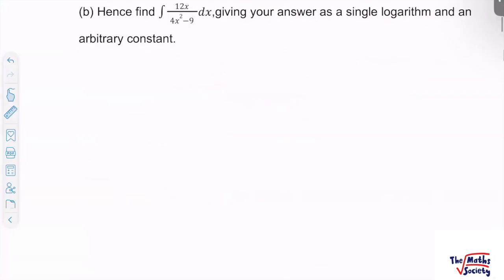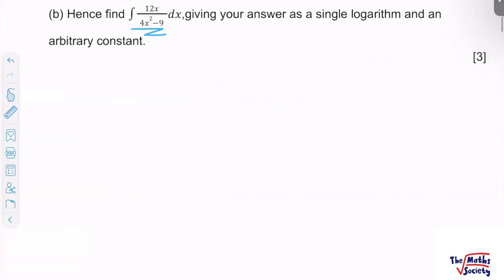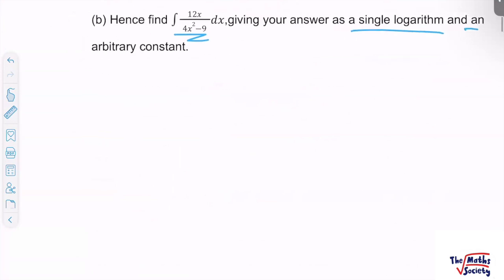And for B, it says, hence find the integral of this, 12x by 4x squared minus 9 dx, giving your answer as a single logarithm and an arbitrary constant. So firstly, you're going to integrate 12x by 4x squared minus 9 dx. That's going to be 3 by (2x minus 3) plus 3 by (2x plus 3) dx.